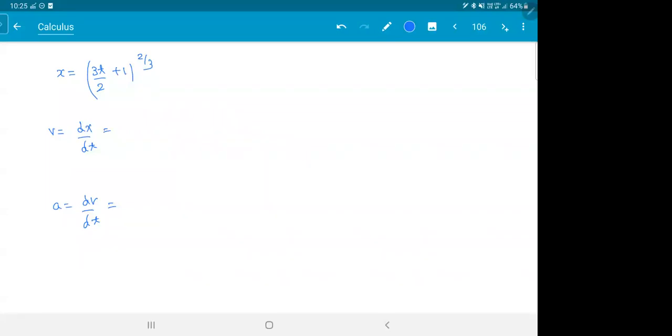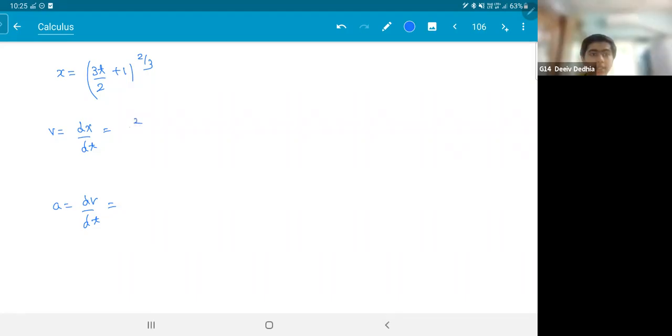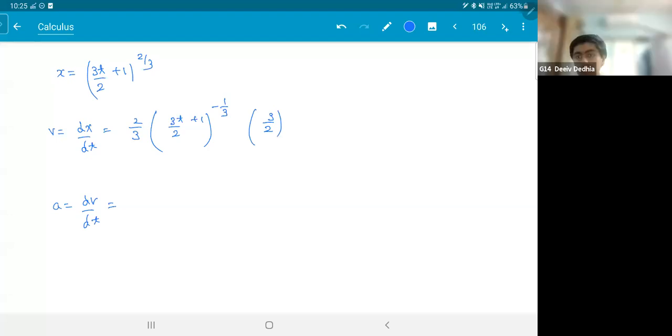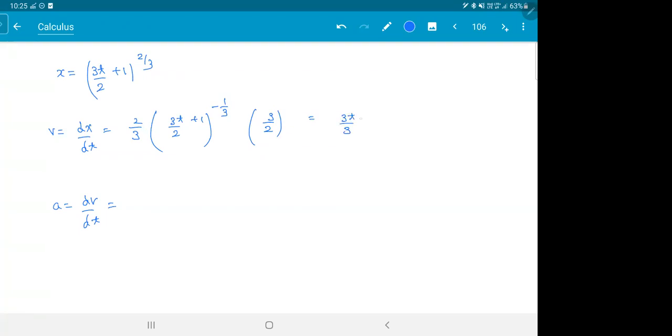So what do you get when you differentiate this? 3t by 2 plus 1 whole power minus 1 by 3, into 3 by 2, no? Yes. You have to differentiate what is inside again. So that would be 3t by 2 plus 1 whole power minus 1 by 3.